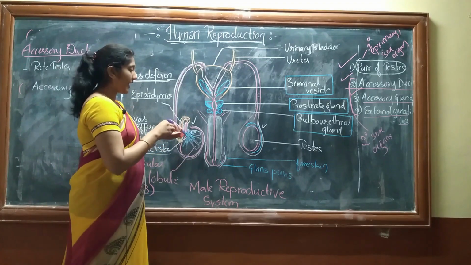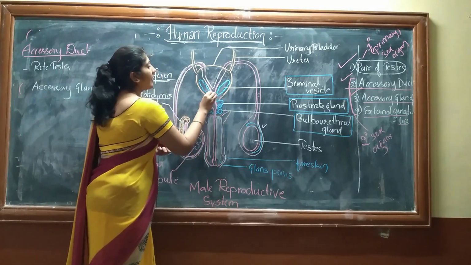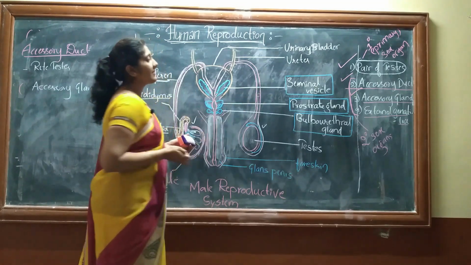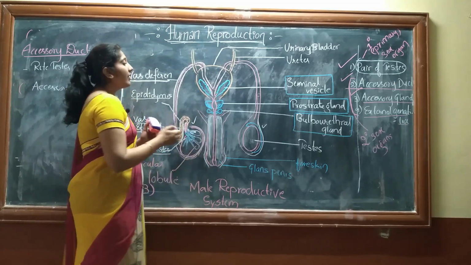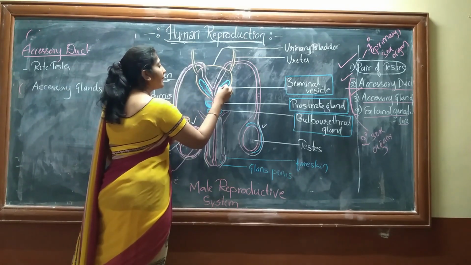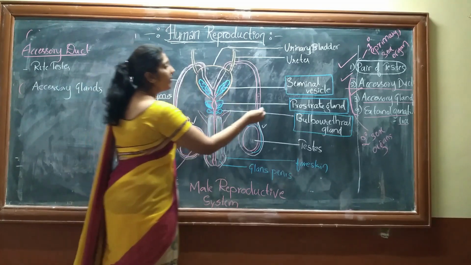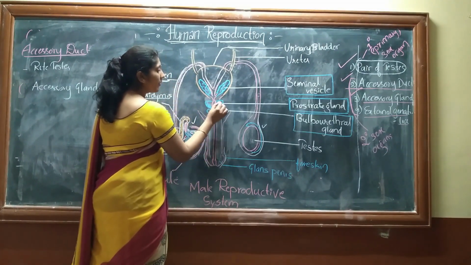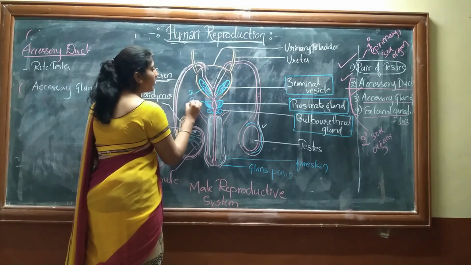The sky blue colored structures I have drawn are in pairs. The first gland is the seminal vesicle. It secretes the seminal plasma, and so does the prostate gland, which surrounds the urethra.